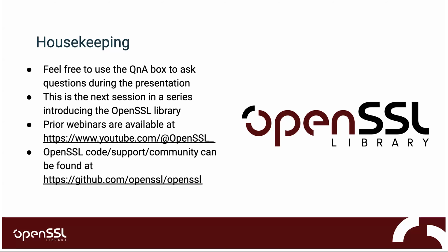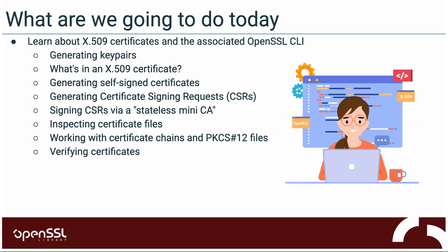Thank you, Kajal. Okay, good morning. We're going to talk about X.509 certificates today, and in particular, about the tools that let you generate and look at and copy them and manipulate them and so on. So we're going to generate some key pairs.